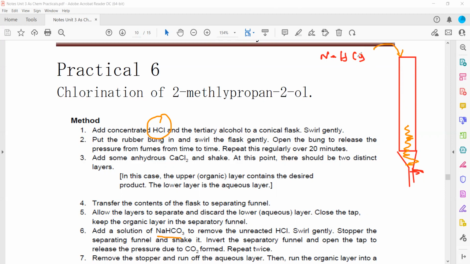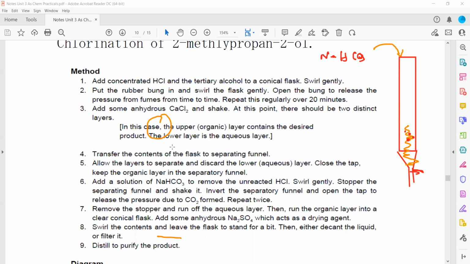How can we identify that there is no trace of hydrochloric acid left? When carbon dioxide gas is there, there will be bubbles. But once all of the hydrochloric acid is removed, the sodium hydrogen carbonate solution will not produce bubbles in this mixture, so we can identify that there is no more hydrochloric acid left.